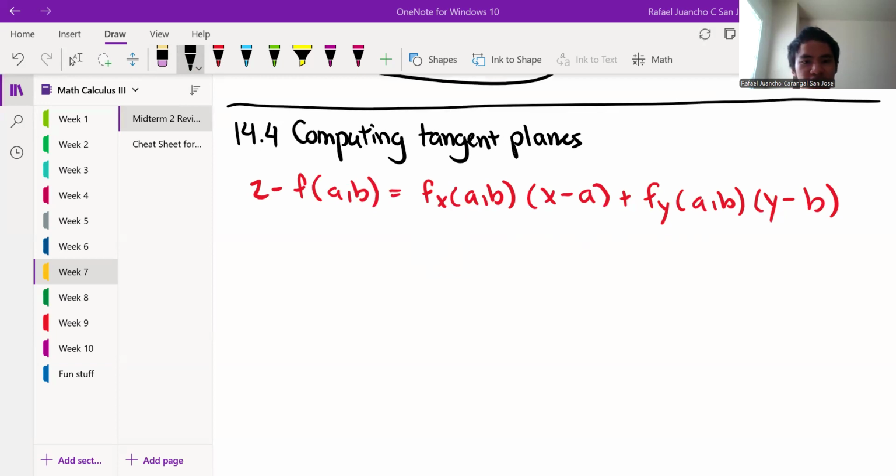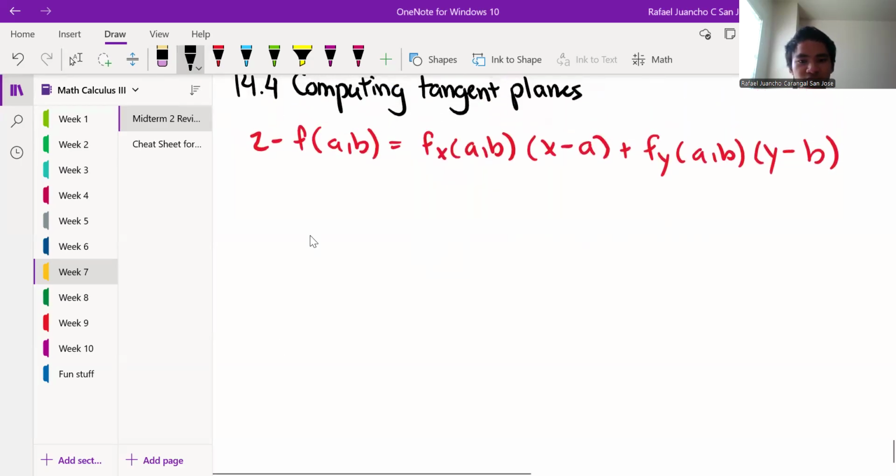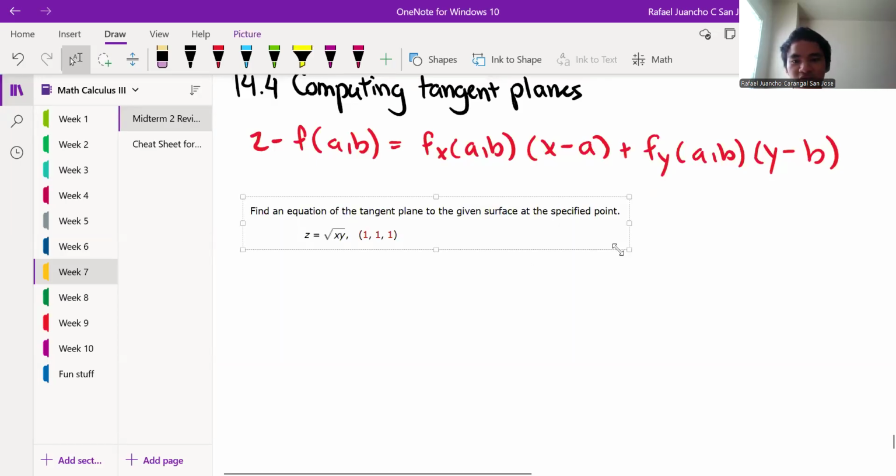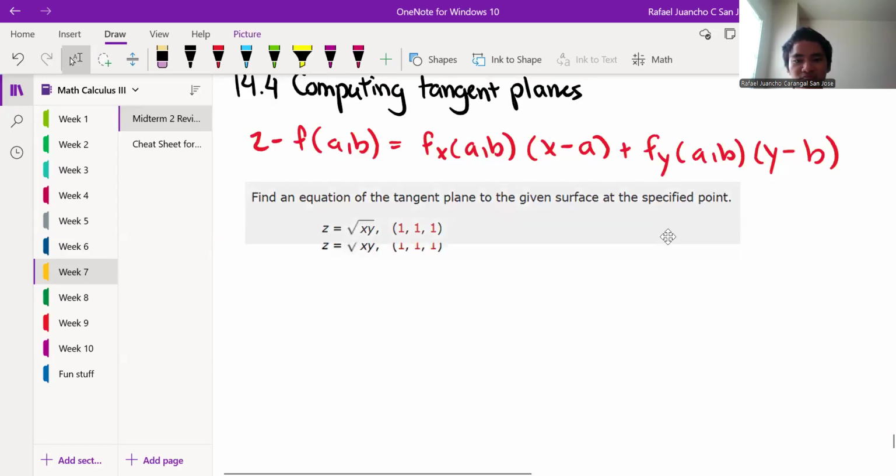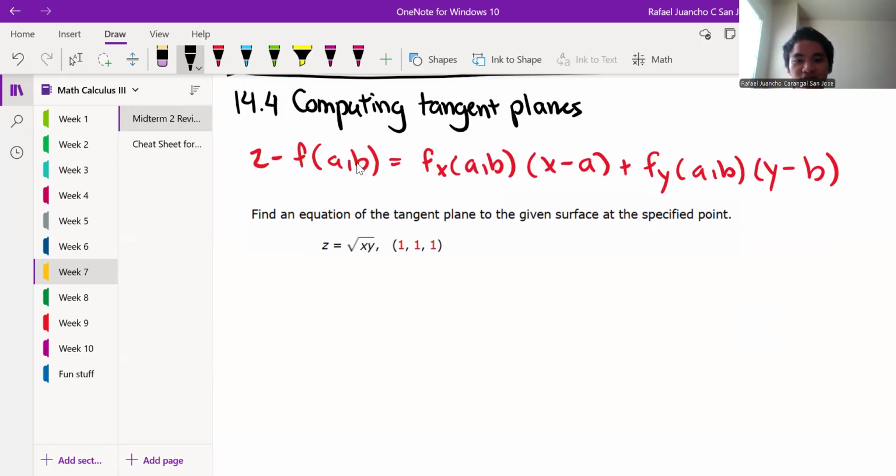So here, let's say this part. It's really just finding an equation of a tangent plane at some specified point. That's the bottom line idea, and that's really all we have to remember here. So here we have this function z, and we also have a, b here, so we kind of plug it in already. Then we just plug in the stuff that we know.